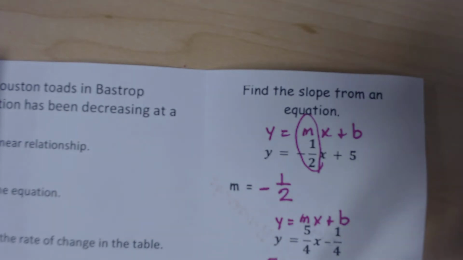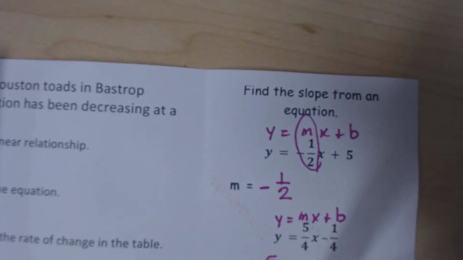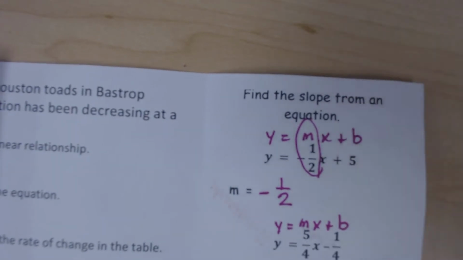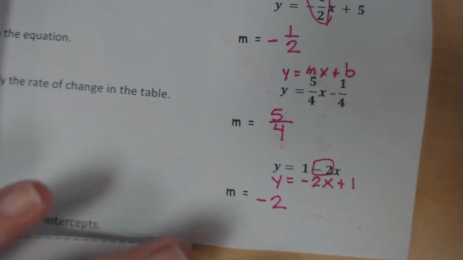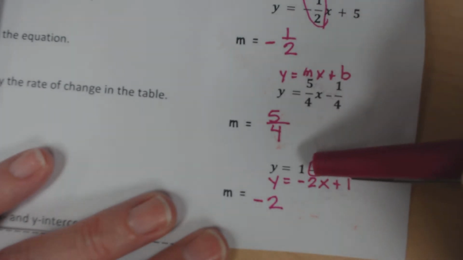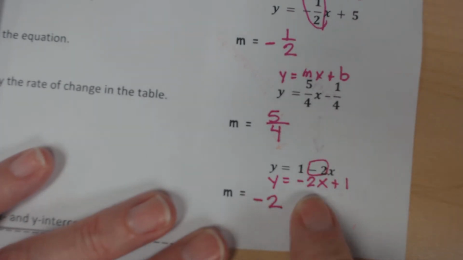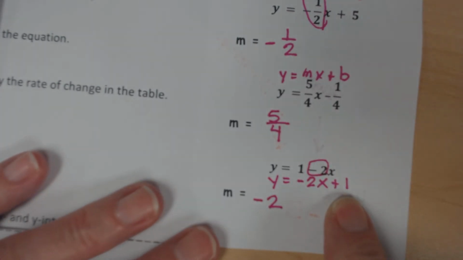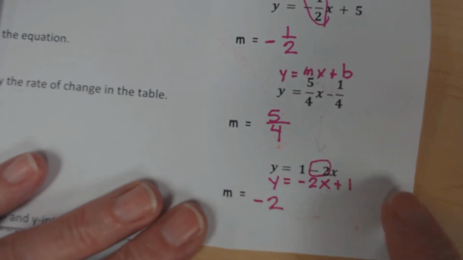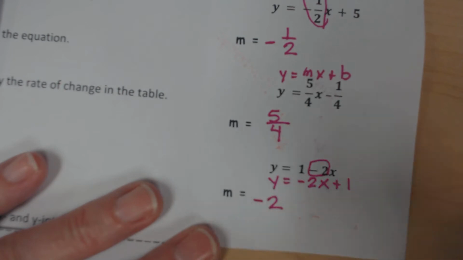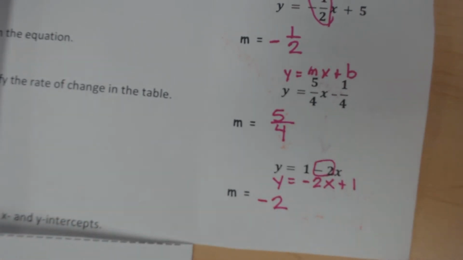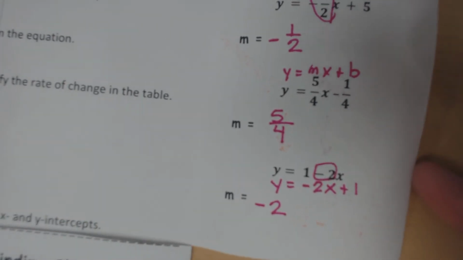So we look at the x term, we find that coefficient of the x, and that is our slope. Let me do that one again. So 1 minus 2x, rewrite it as y equals -2x plus 1. So our slope is going to be -2 because -2 is the coefficient of the x term, and m, or slope, is always the coefficient of the x term.